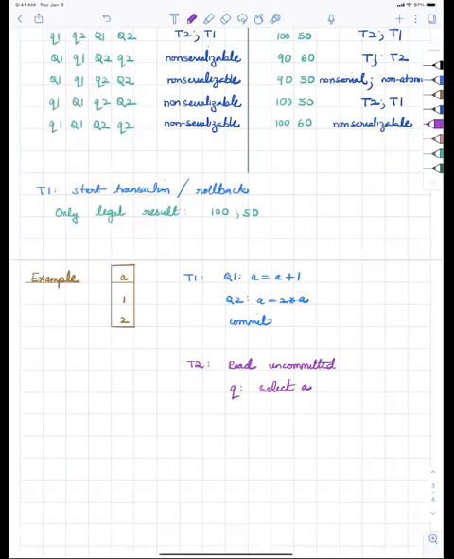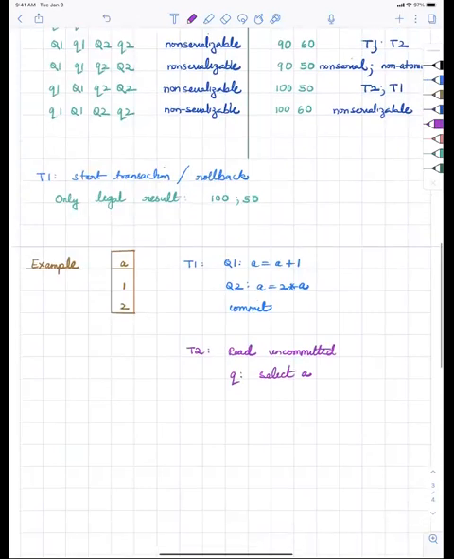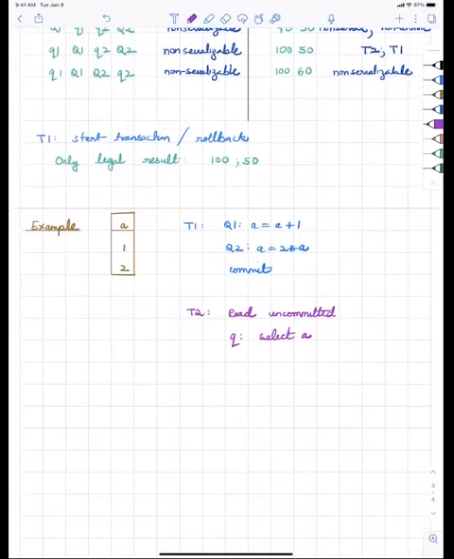I would like you to try this out, but anyway, after Q1 completes, this is what the table should look like: A with 2 and 3.